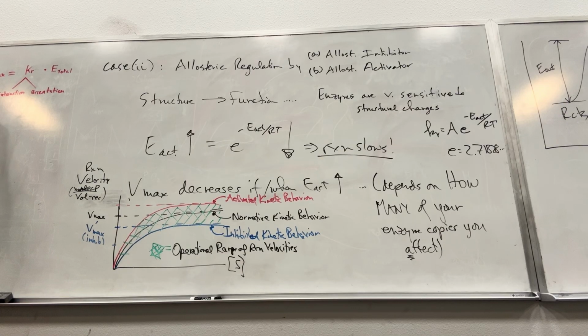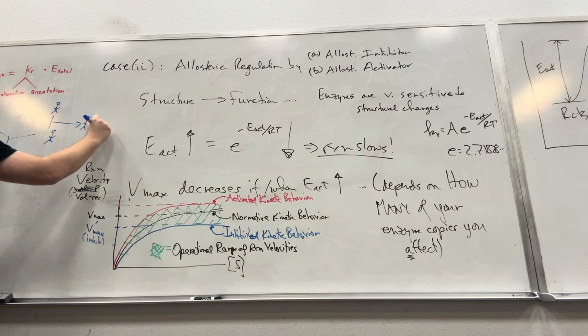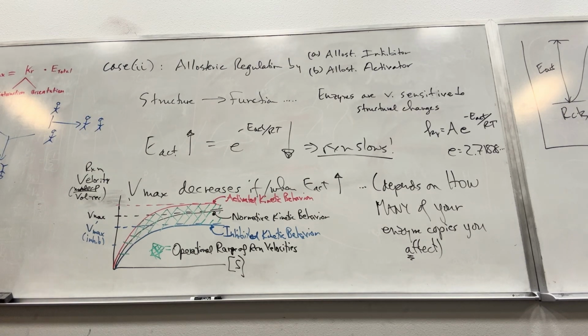If I have a ton of people around and they were to come together, this is the wrong orientation. But if they were to come together like that, that's the correct orientation. For them to even worry about that, they're all walking around. If there's only 3 people, the likelihood of an interaction is pretty low.